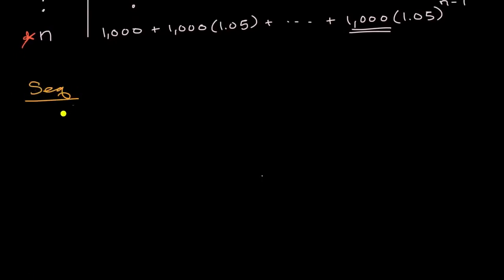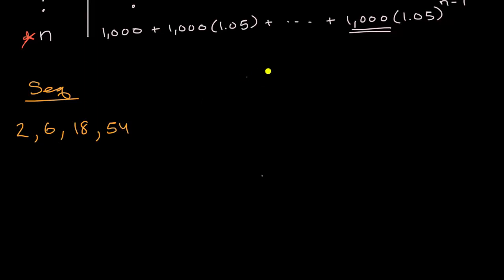Let's say we have a geometric sequence. In a geometric sequence, each successive term is the previous term times a fixed number. So let's say we start at 2, and every time we multiply by 3. We'll go from 2, 2 times 3 is 6, 6 times 3 is 18, 18 times 3 is 54. This is a geometric sequence, an ordered list of numbers.